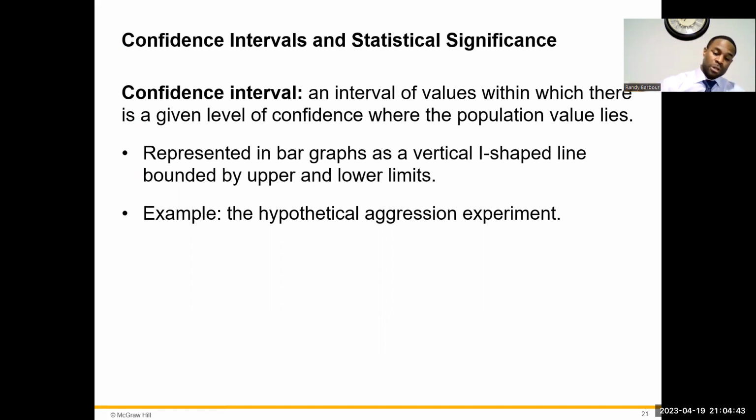Okay, and I'll show you in the next example, but if I'm 99% confident that the value of the difference between the no model group and the model group is between these certain values, then that's a big range, right?